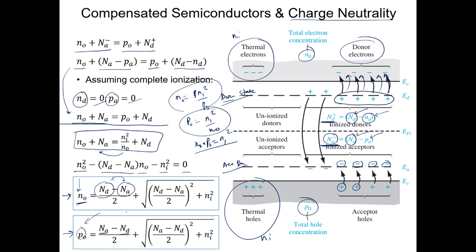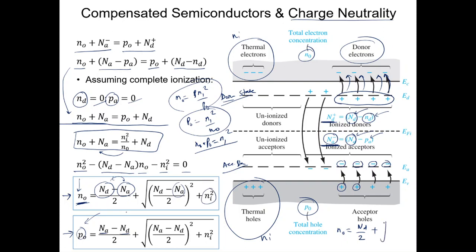Let's say if this is the formula, and let's say NA equals 0. So what you get is n0 equals ND divided by 2, plus the square root of (ND divided by 2) whole squared, and the Ni term also becomes small. If this is significantly smaller than ND, we can ignore that.